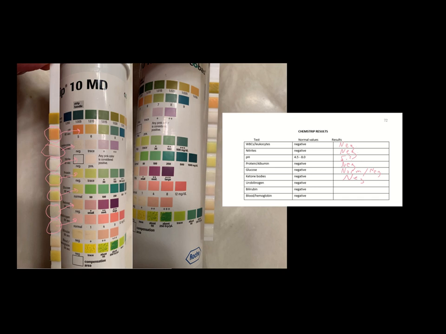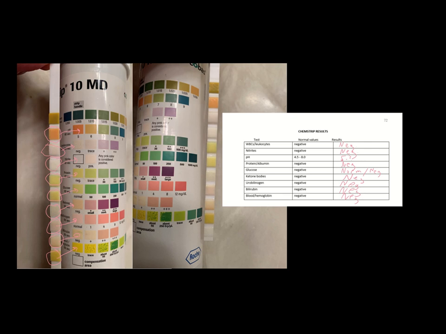And again, that is normal, and normal is negative, so I'm going to write negative there. Bilirubin is negative, and that's what we should expect to find. Blood hemoglobin is there, and that is negative, and that's what we should expect to find.